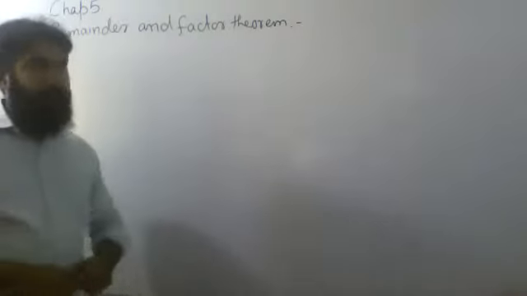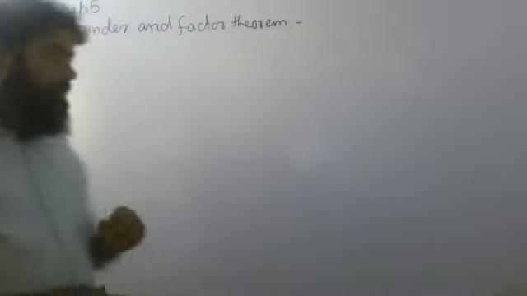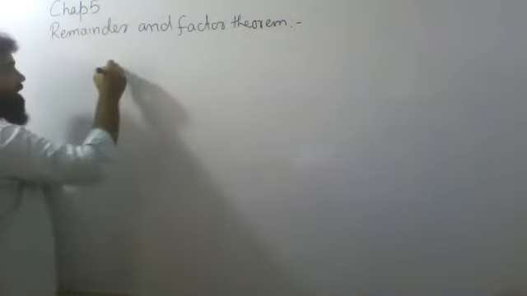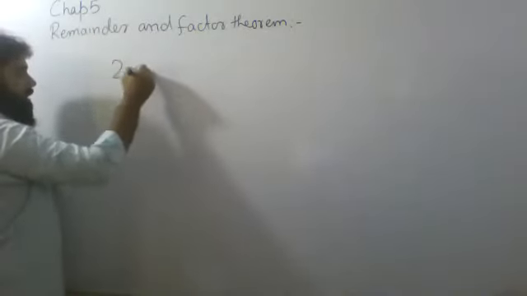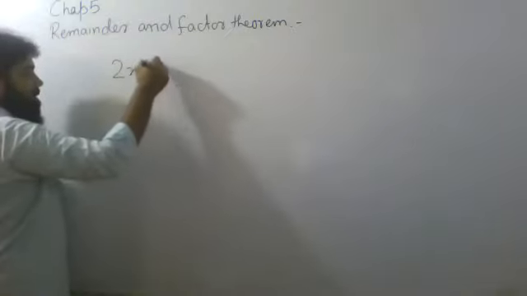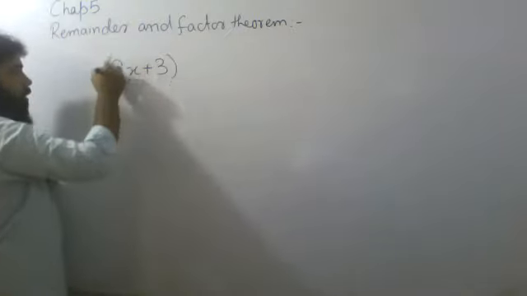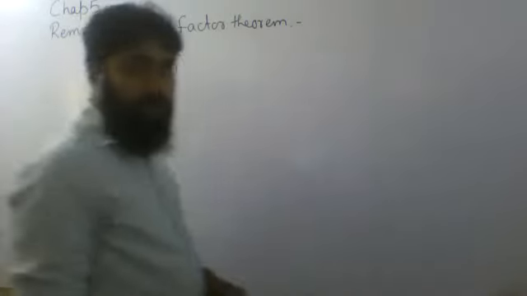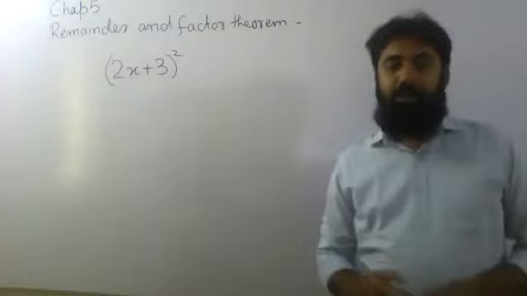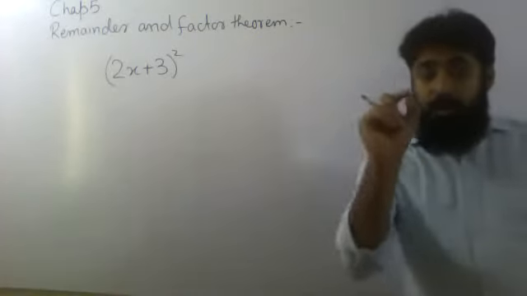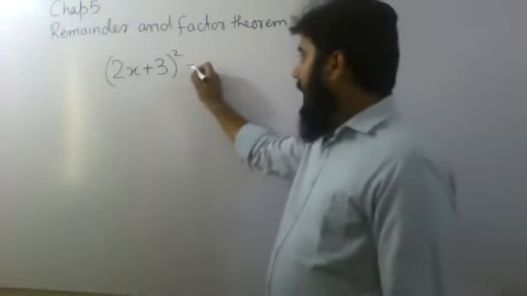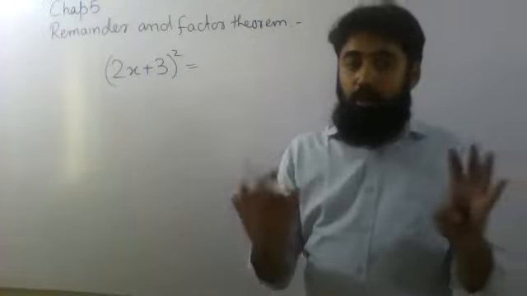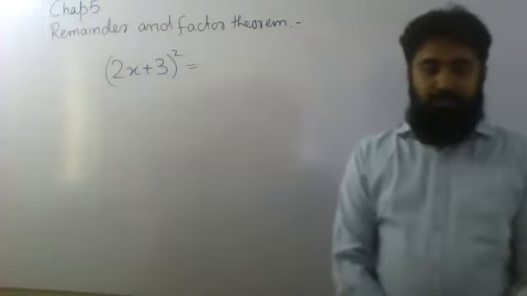For instance, I'm saying that (2x plus 3) whole square, I have written over here, equals to, I don't know right now, I don't know about the expansion of this one.